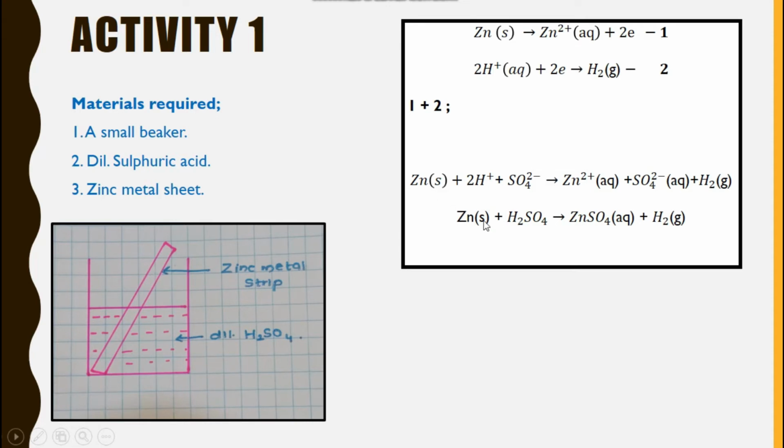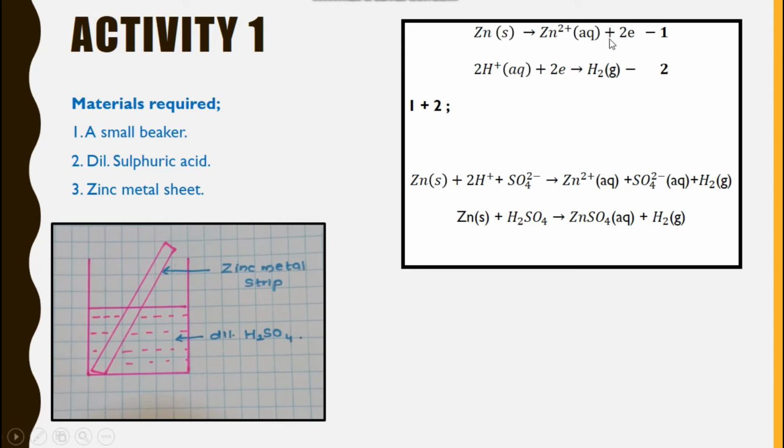Now this is the overall reaction. The overall reaction is taken by adding the first reaction and the second reaction. You can see Zn plus H+ on this side, Zn 2+ plus 2 electrons plus H2 gas on this side. You may wonder from where the SO4 2- came into the equation.